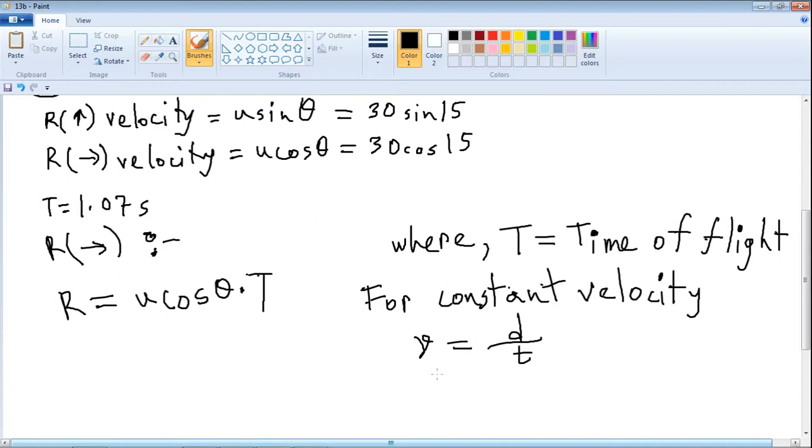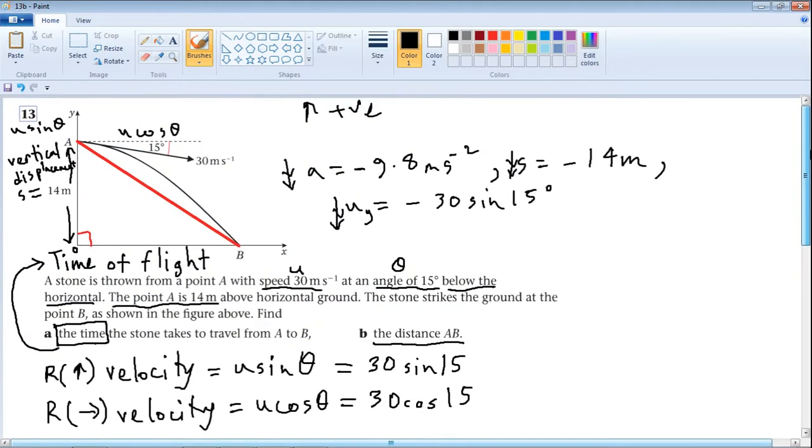If we rearrange the equation, we get d is equal to vt, where v is the horizontal component of velocity, which is u cos theta, and t is the time of flight. If you have noticed, the time of flight is the same for the horizontal component and the vertical component, since there is no external force.